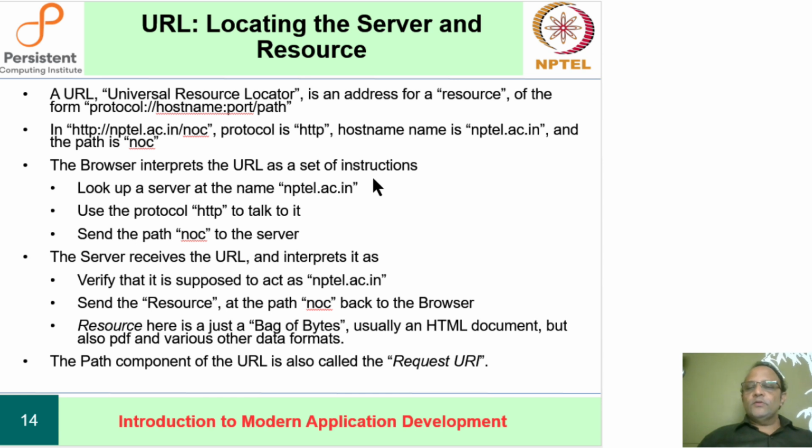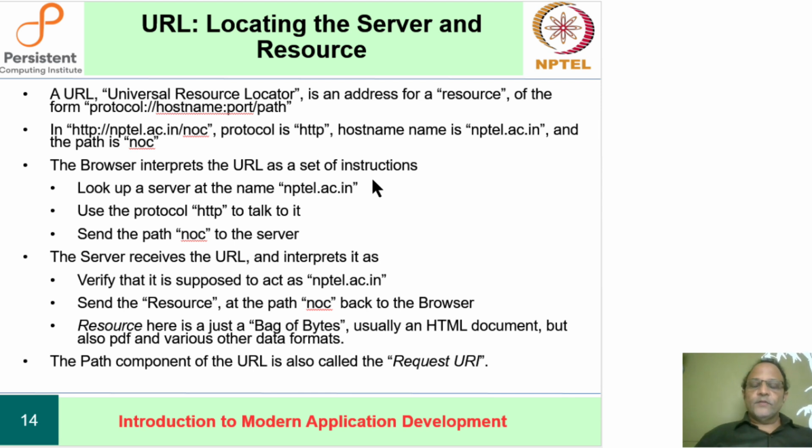The mapping from this name to the IP address is done by something called a DNS, which we will briefly take a look at later. Then the next part of the instruction to the browser is that having located the server, the browser should use the protocol HTTP to talk to it. As part of talking to the server, it sends the path NOC to the server, and then the server takes over. The browser now just waits for the server to return the contents of the URL.